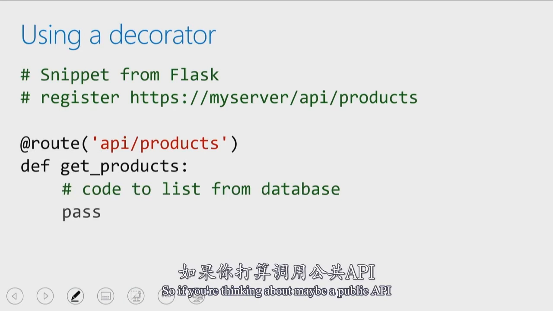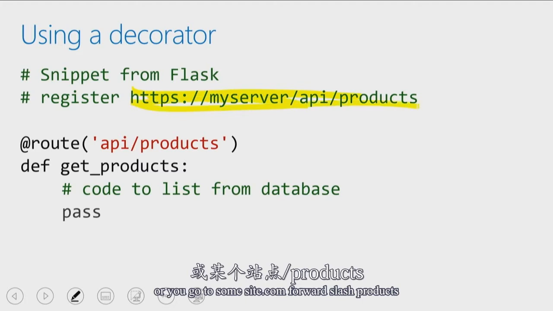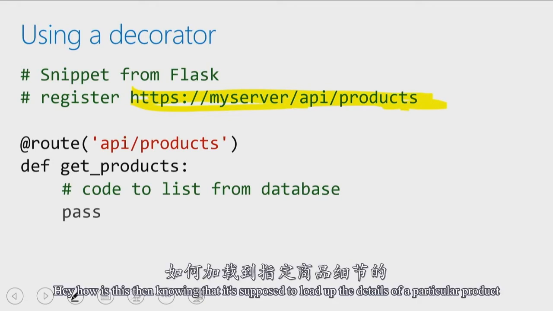So if you're thinking about maybe a public API, or you go to www.somesite.com/products and then maybe some product name, and you're curious, hey, how is this then knowing that it's supposed to load up the details of a particular product?